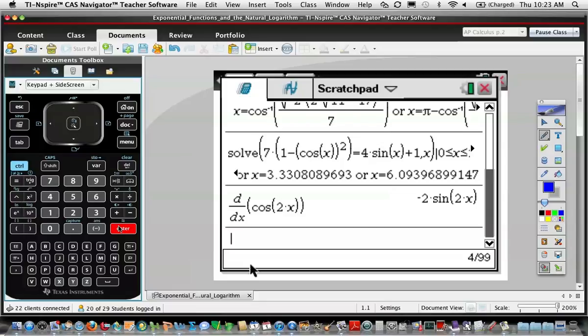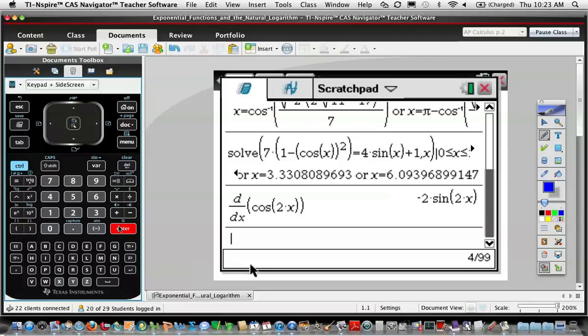So, that's a rule. Matter of fact, if you want to put that rule in your notes, it would look like this. That rule would say if you have a function and you have a multiplier on the inside, for any function, then the derivative of that is going to be the normal derivative rule.